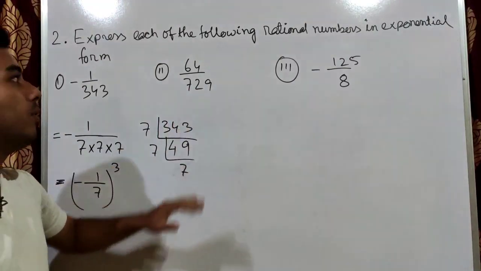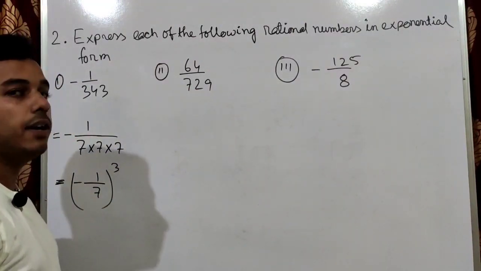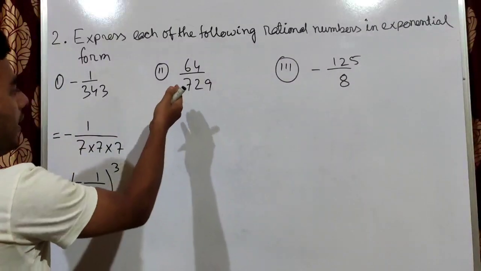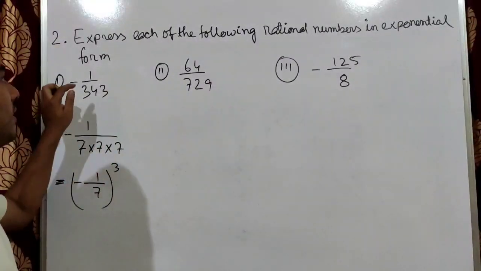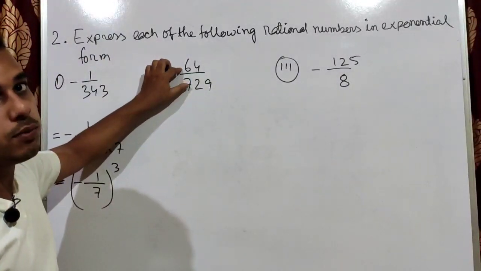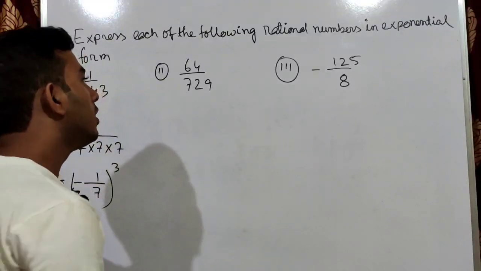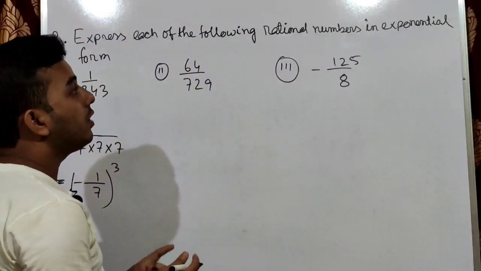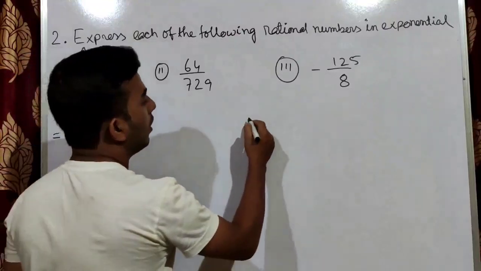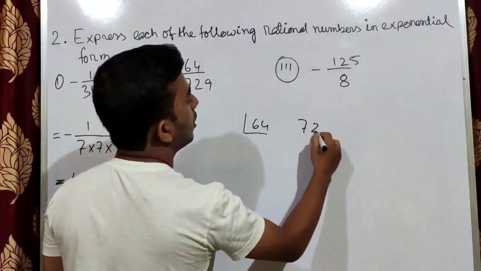Okay, now let us move to our second question. Here the question is 64 divided by 729. Same as earlier, but in this we had numerator 1, and here we have numerator 64. So that means we have to consider both numerator and denominator. Let us find out each of their factors. One is 64, another is 729.